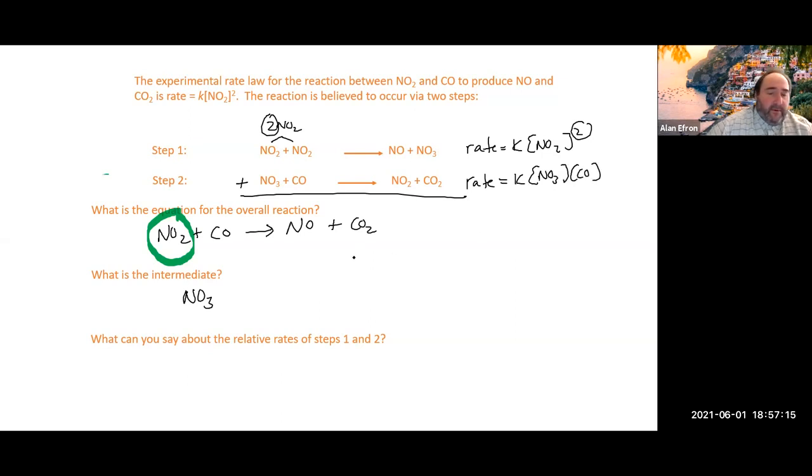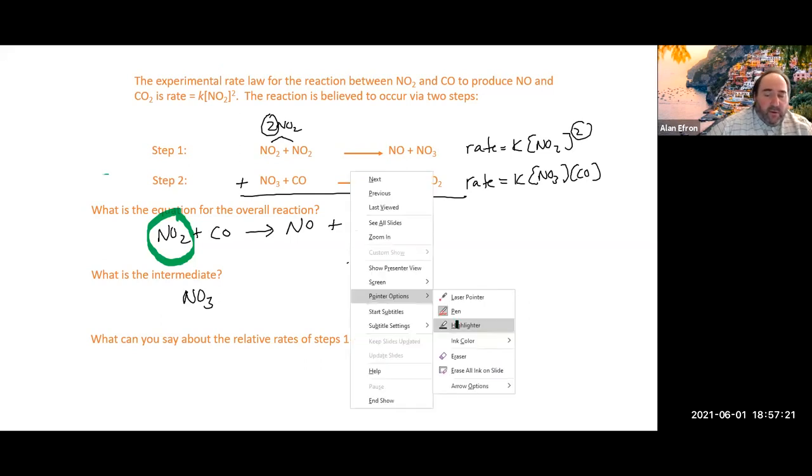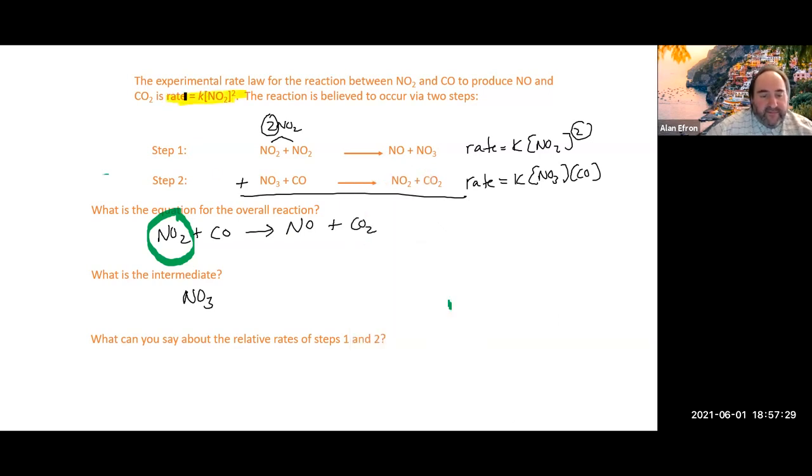Now, if you remember, the rate determining step, which is the slow step in the mechanism, will have the same rate law as the one that was found experimentally. So we could see that experimentally, the rate law was found to be the rate is equal to K times NO2 squared. And that matches perfectly the rate law that we see for the first step.